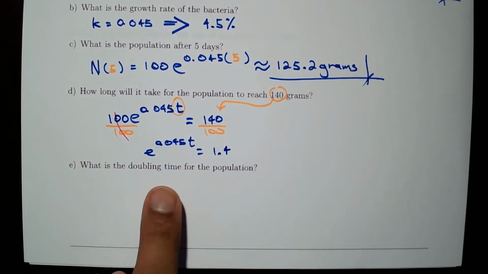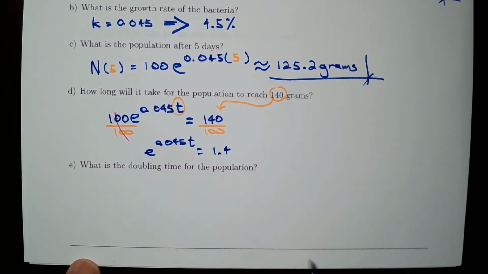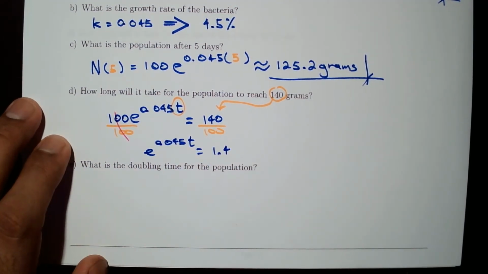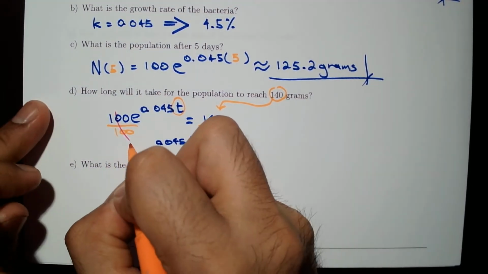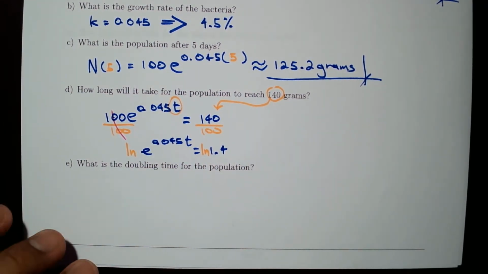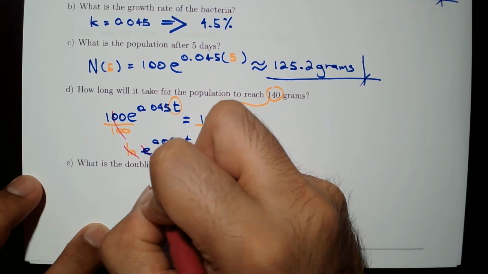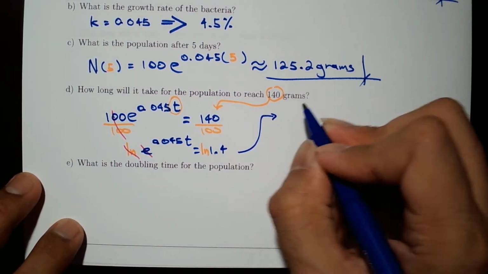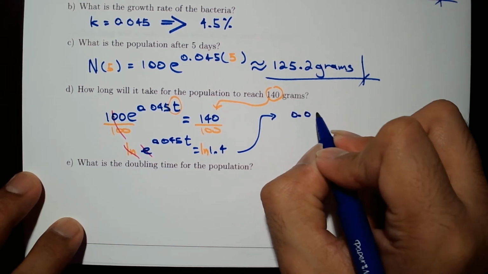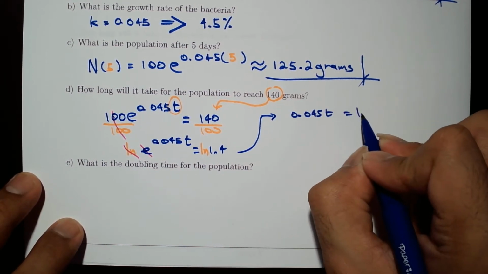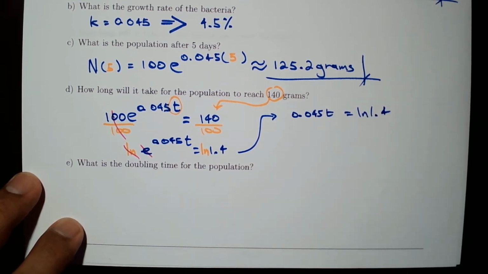Now we need to get rid of this exponential, so we take ln of both sides. Here ln cancels out with the exponential, leaving us with 0.045t equals ln of 1.4.